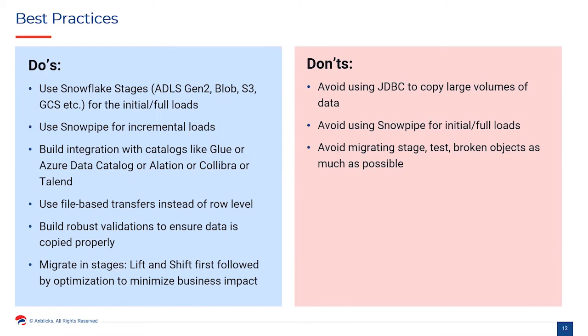And the third feature, we do not have it, the integration with catalogs in the tool. We are planning on building it in our roadmap, but this is something that we recommend. So when you are doing this migration, at the same time, build integration with catalogs, like either Glue or Azure Data Catalog, or Alation or Collibra or Talend kind of data catalog, right?